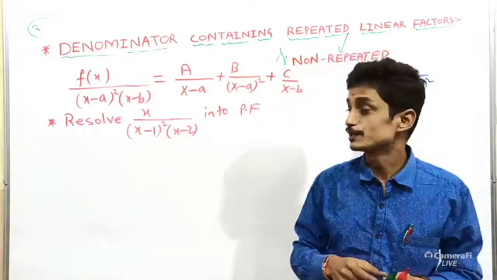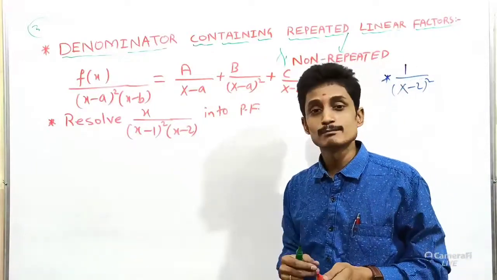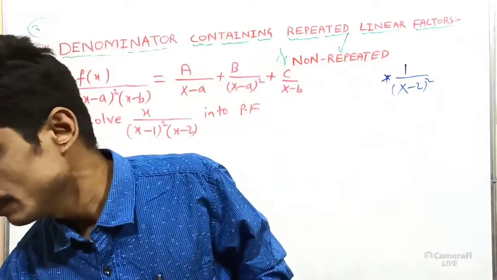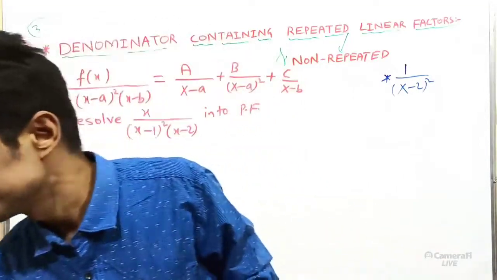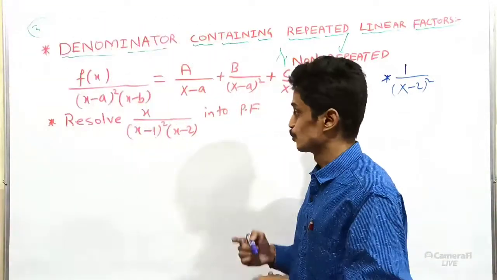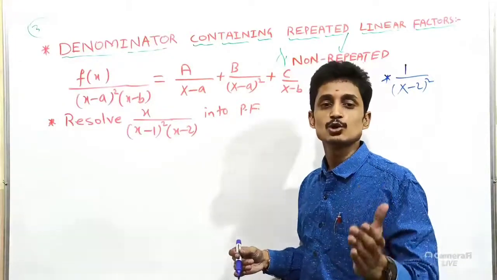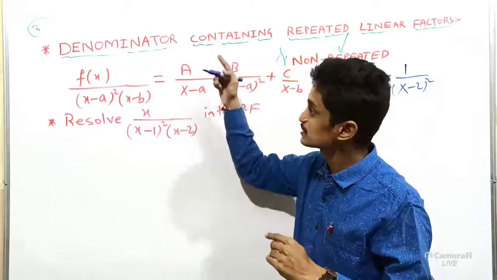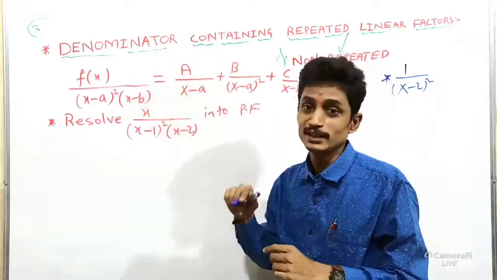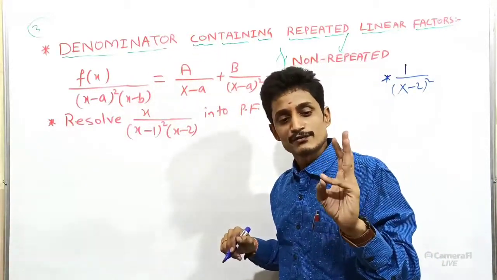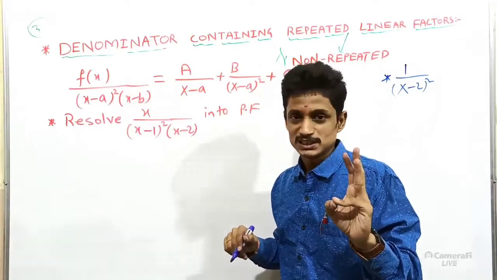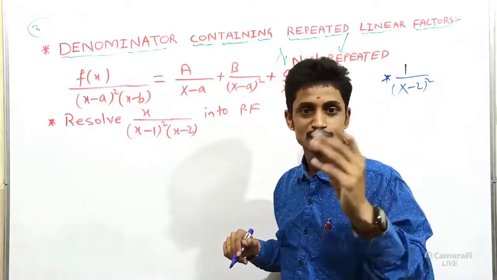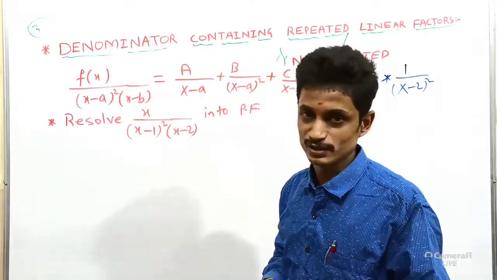I am choosing method number 2 as well as method number 3, the elimination method along with the equating the coefficient method. Please don't go by method number 1. You follow this in such cases in type 3. Both methods we are applying simultaneously.